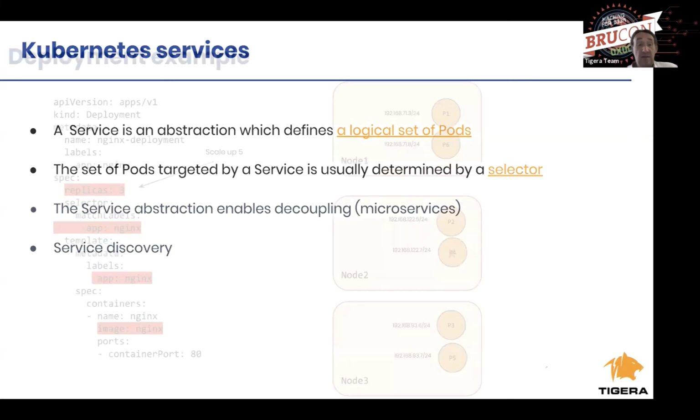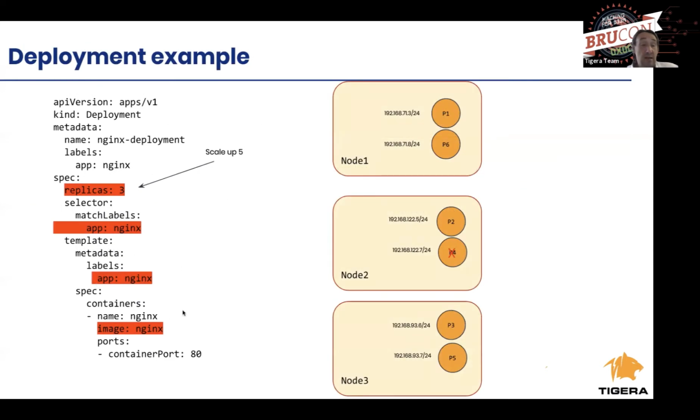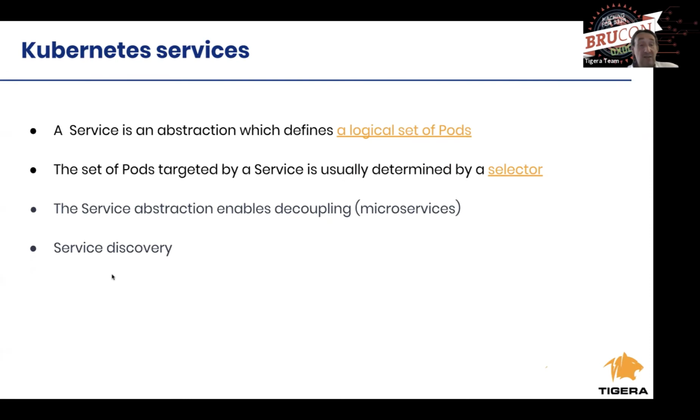So if I go back to this slide, that's why I absolutely need this label. Because once I create a service, all these pods, no matter how many or how few, no matter if they change IP addresses, will be, let's say, hidden behind that service. This service is implemented in a few different ways, but the most common one is as a cluster IP.